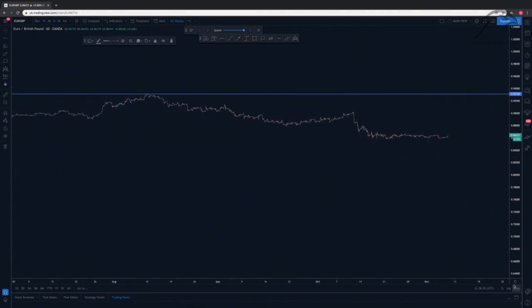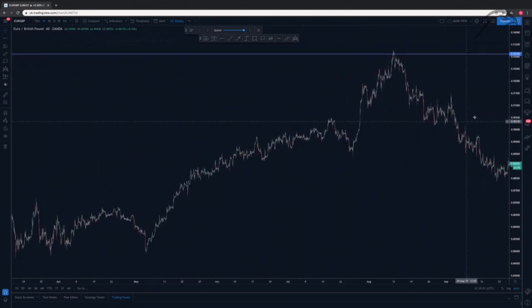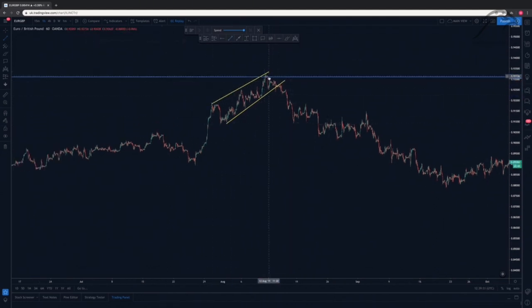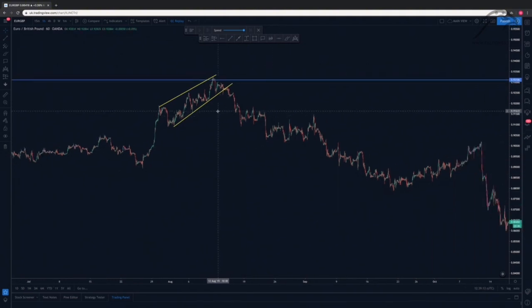So on the 1 hour chart, if we take a look at this structure, there's a few entries that we could get. So looking at it here with a very clear ascending channel, it just breaks the high. And right at the top here, we really want to be on the ball, as we said.